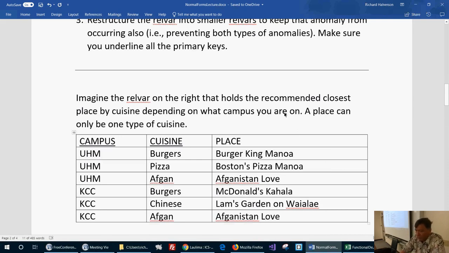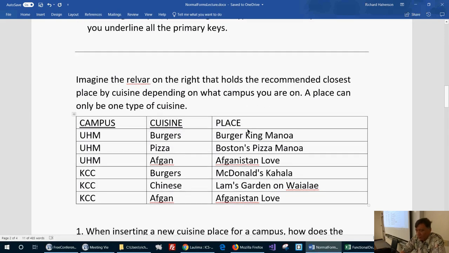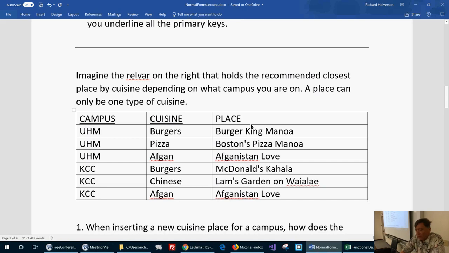Here we have this rel var that stores the best cuisine per campus, the place that's got the best cuisine that's closest to the campus.